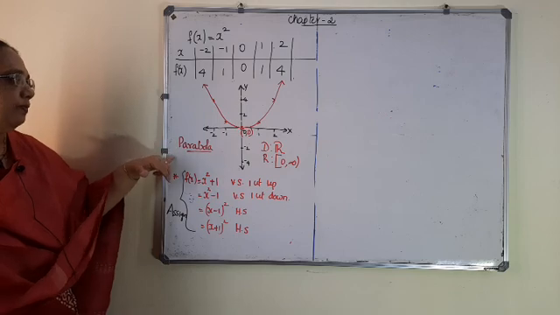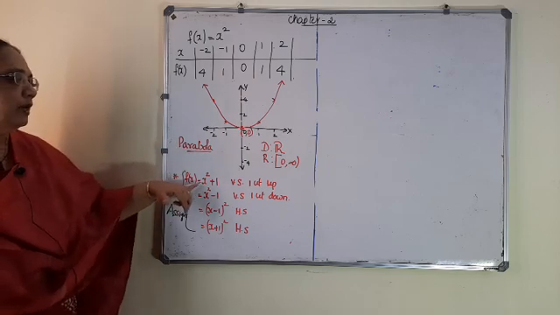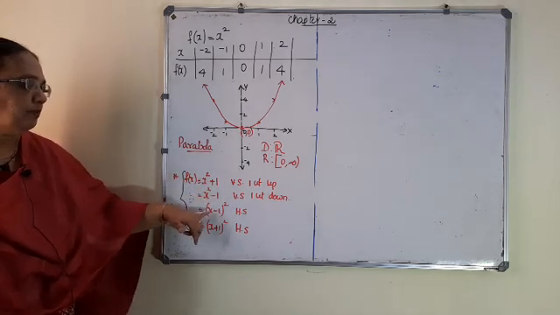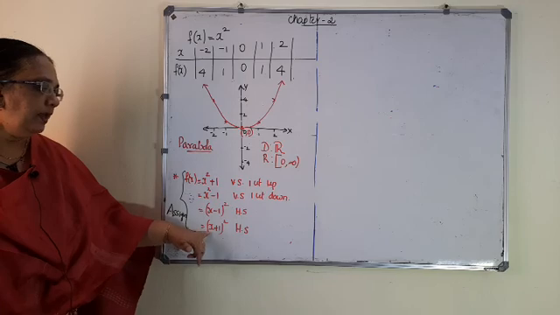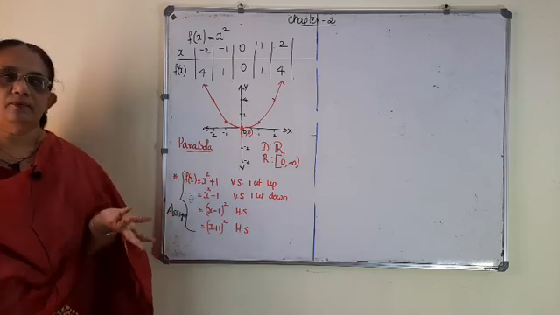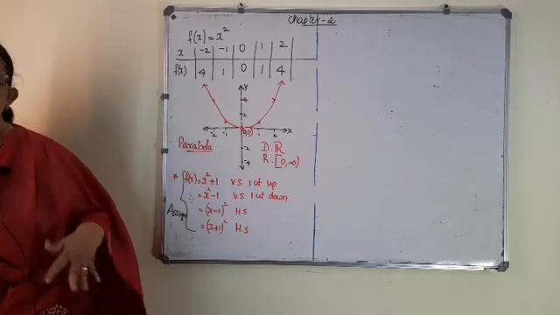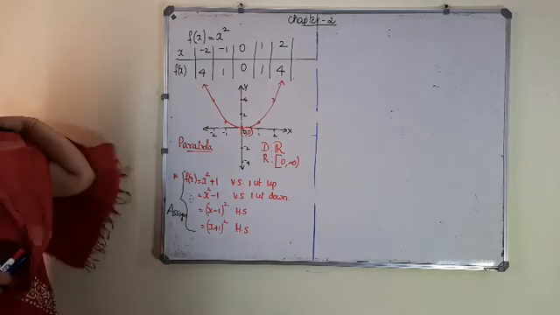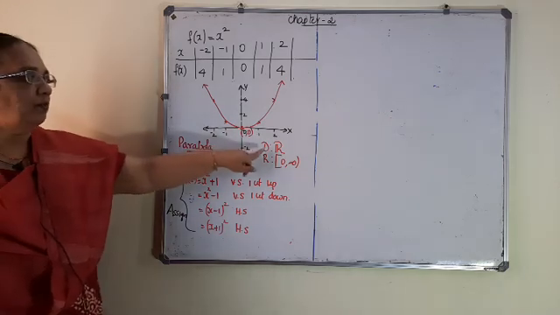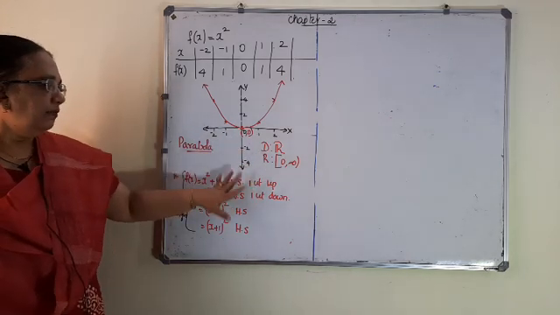For the parabolic graph I am asking you to find out what is the shape of x squared plus 1, x squared minus 1, x minus 1 the whole squared, x plus 1 the whole squared, and what are the features, whether it is a vertical shifting or a horizontal shifting, up or down, left or right. And also find the domain and range of the functions.